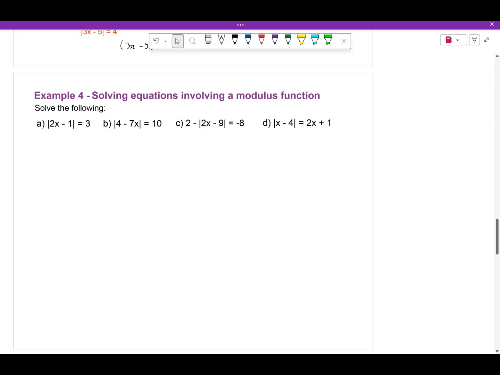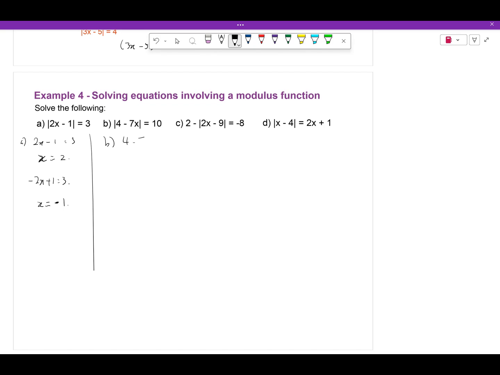Question 2, I want to solve 2x minus 1 equals 3. So here x equals 3. If negative 2x plus 1 equals 3, then x equals negative 1. So that is how quickly I can go.